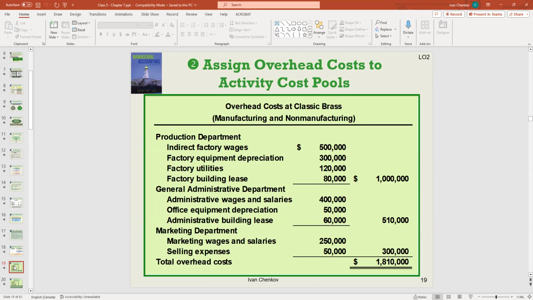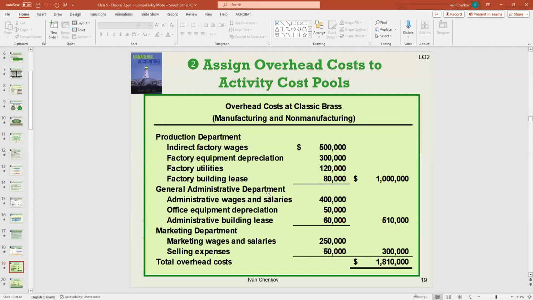Now, again, we're going to pull out the manufacturing overhead, the general administrative expenses, and the marketing department cost. That's $1,810,000. We're going to see where those costs are coming from. The manufacturing overhead within the production department comes from the indirect factory wages, factory equipment depreciation, factory utilities, and factory building lease.